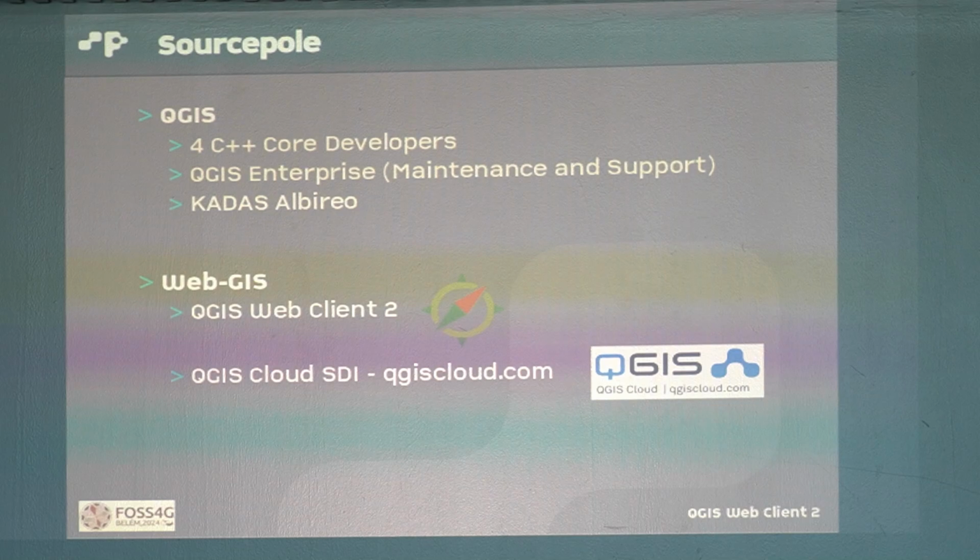Then we have developed QGIS Ibireo. This is a special QGIS application for the military, for the Swiss Army, and for planning of the Swiss Army actions. Then the WebJS environment: Marco Hugentobler was the initial developer of QGIS Server.